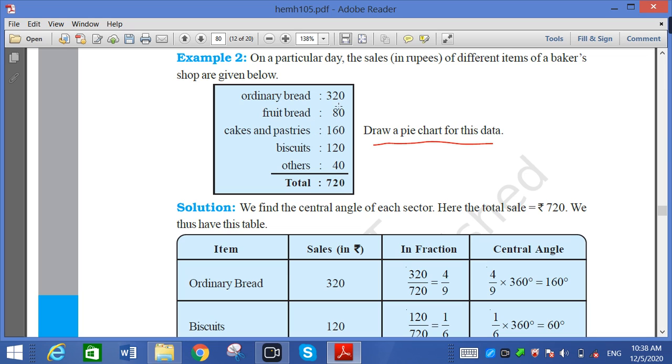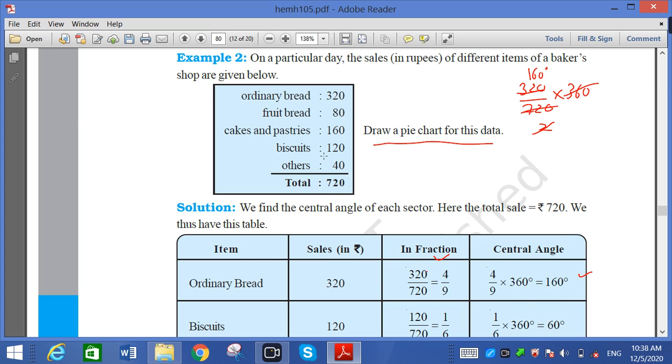So 320 divided by 720, it is not necessary to make a fraction every time. Directly you can write multiply by 360. So 360 into 2 and 2 into 160. So directly we can get 160.